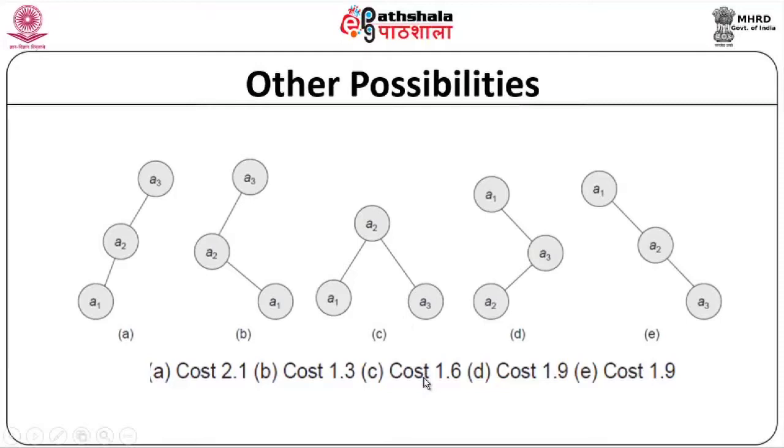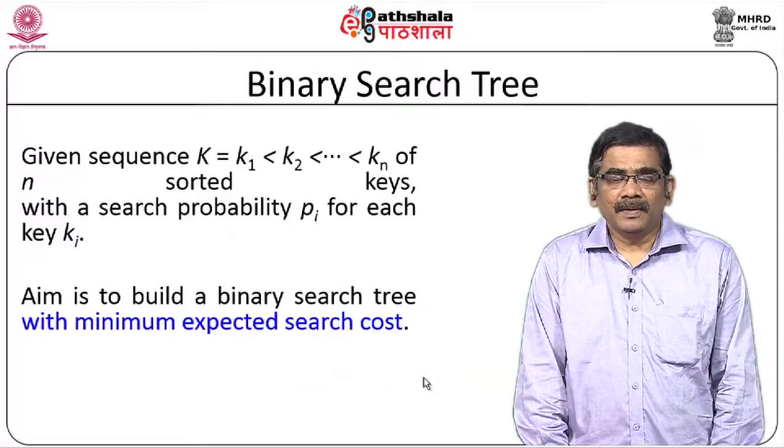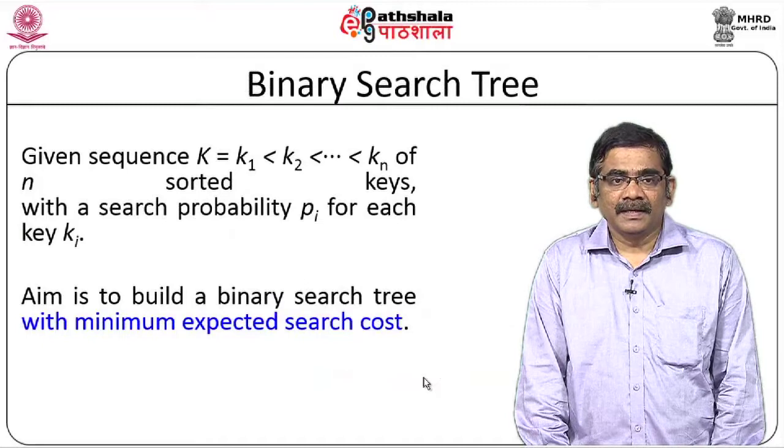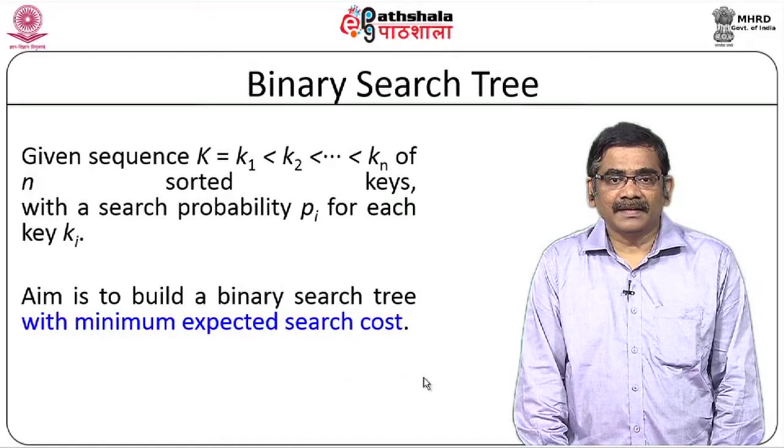So, the concept of the optimal binary search tree comes into the picture whenever we are seeking a minimum cost for the constructed BST. The problem can be defined like this.